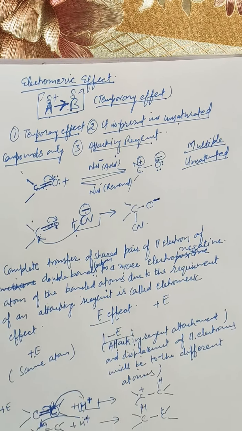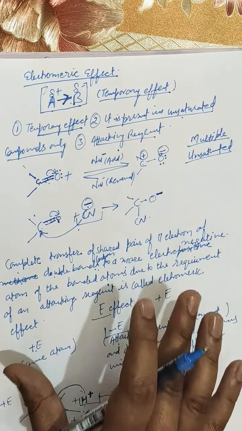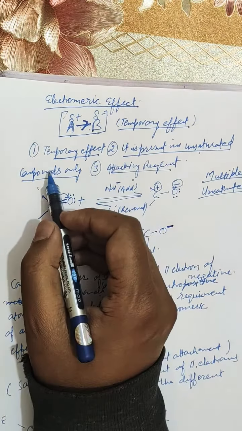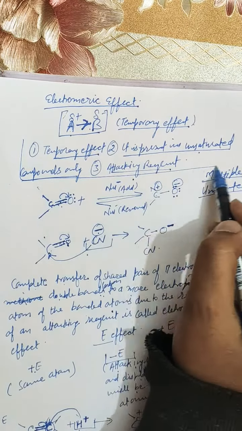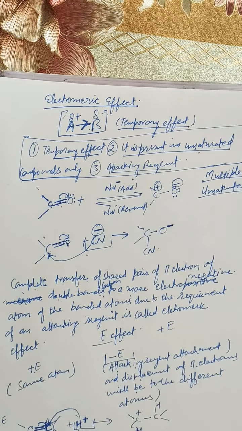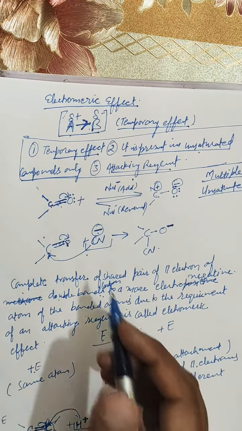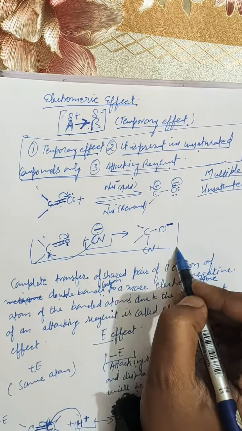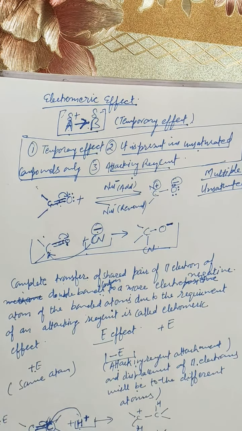You should at least know the basic difference between these and the basic definitions of these two effects. Later on we will take examples when we go into nucleophilic substitution reactions or electrophilic substitution reaction intermediates. Then you will go through many examples of the electromeric effect and the inductive effect.